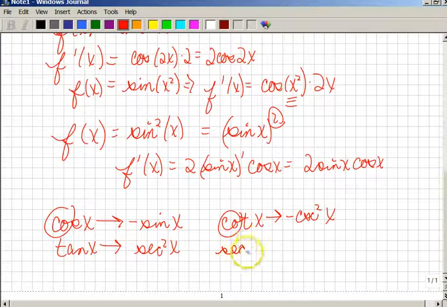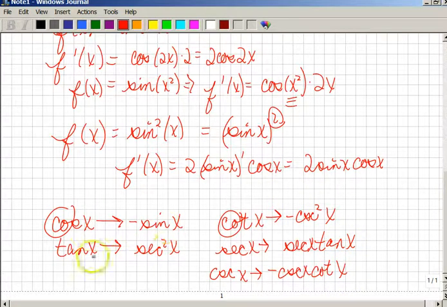Secant of x, its derivative is secant x, tangent x. And cosecant x, here's that trick again, that's going to be negative cosecant x, cotangent x. And you can also see a relationship there. Tangent is secant squared, cotangent is negative cosecant squared.